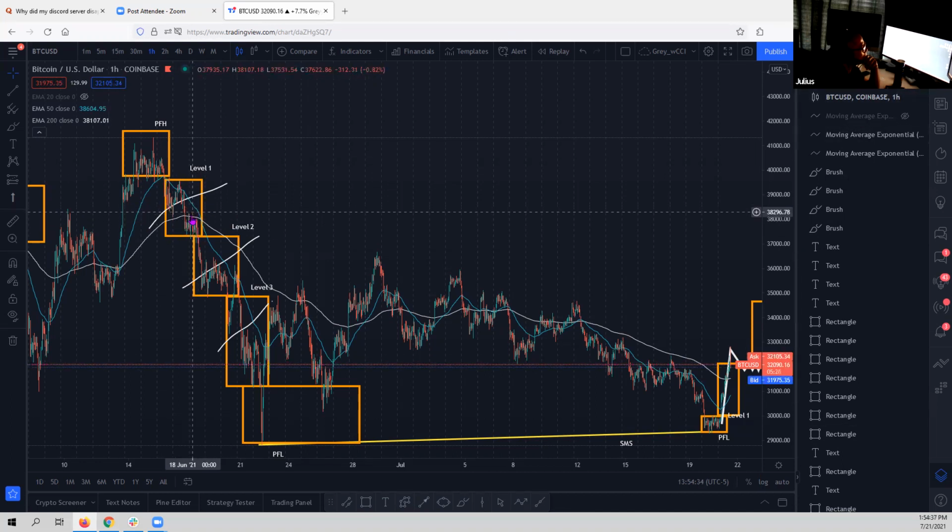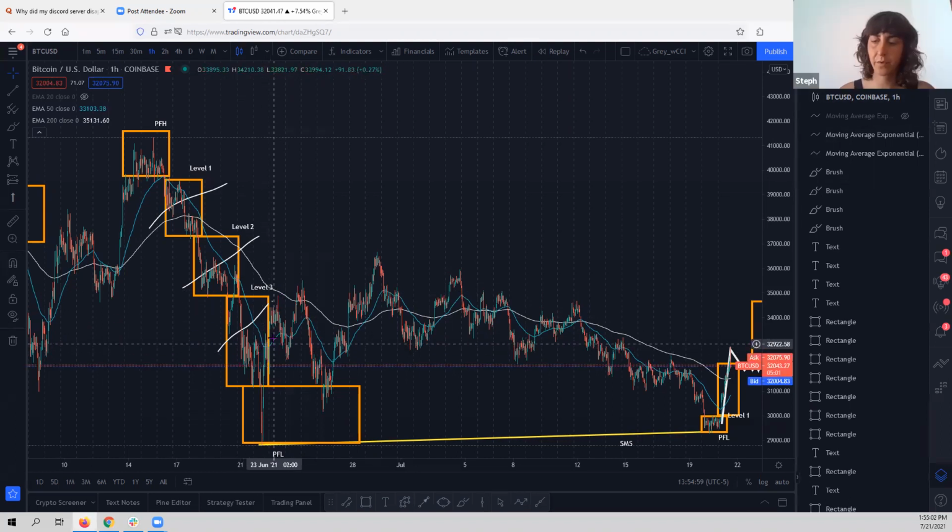The blueberry, I'm sorry, the waterline and the Mayo line. Level 2 is identified as the widening of the mouth between the 50 and the 200. See how it's getting wider? Level 3 is the widest part of the mouth between the 50 and the 200 EMA. Make sense? Thank you.